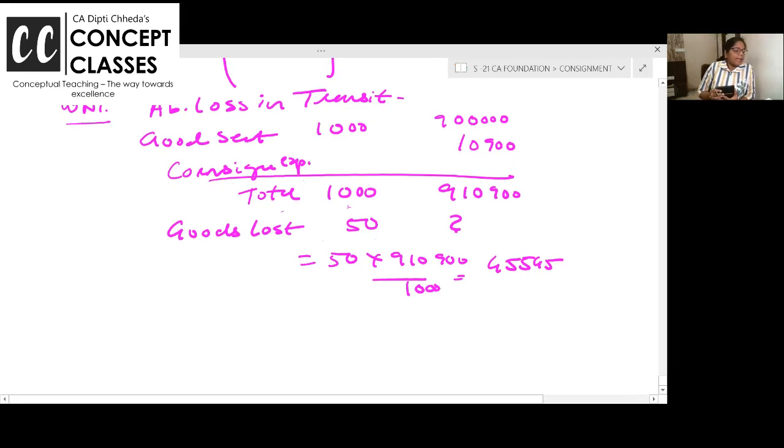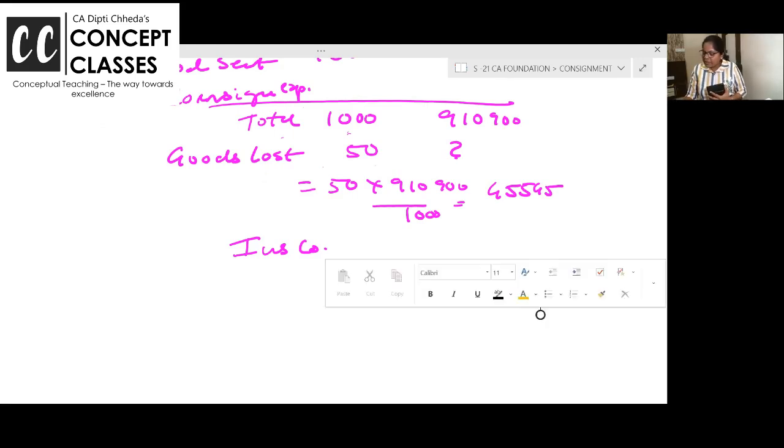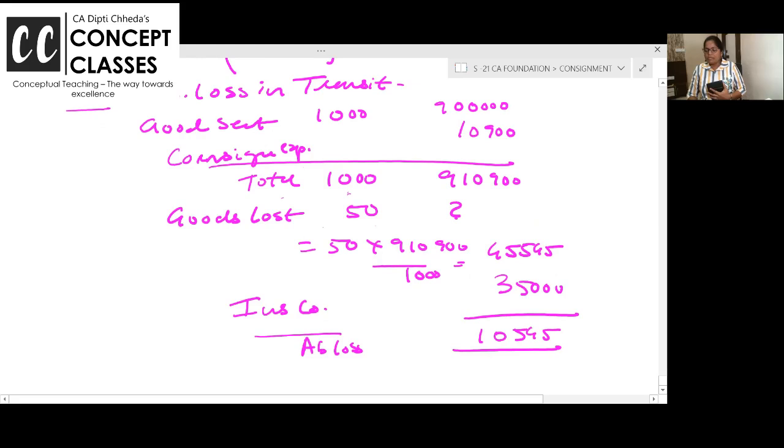Against that, we have claimed from insurance company, and insurance company is giving the claim of 35,000. So what is the abnormal loss? 10,545. 10,545 is the abnormal loss.